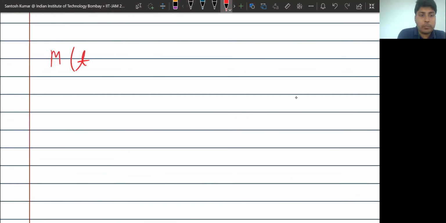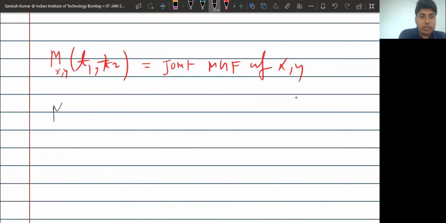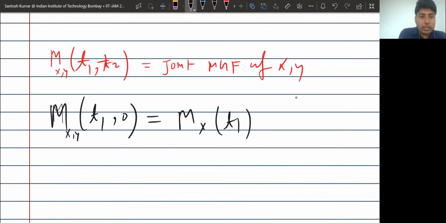If you have M for XY both, you have t1 comma t2. So this is the joint MGF of XY. If we take t2 as 0, this will give nothing but M_X(t1), and again in the joint MGF if you take t1 as 0, it will be the moment generating function of t2.